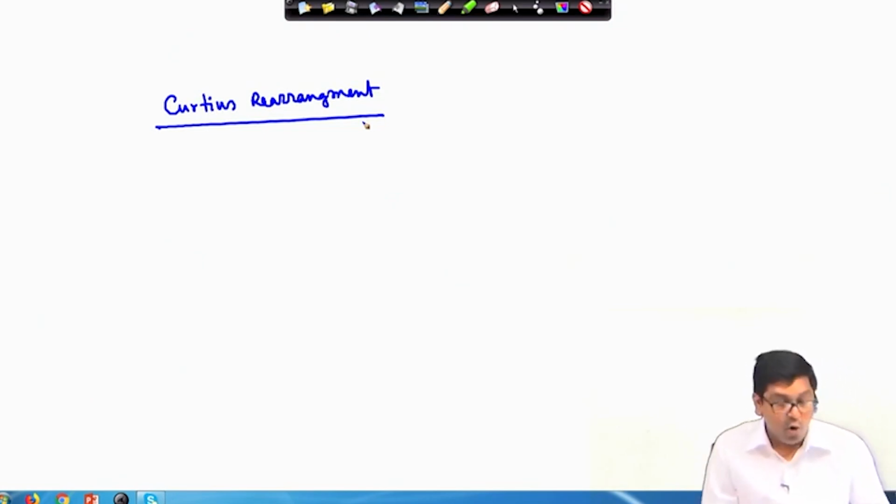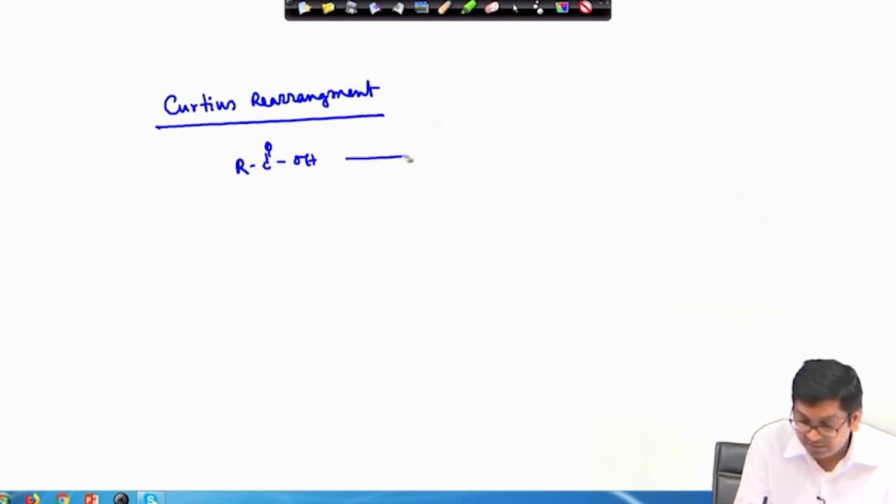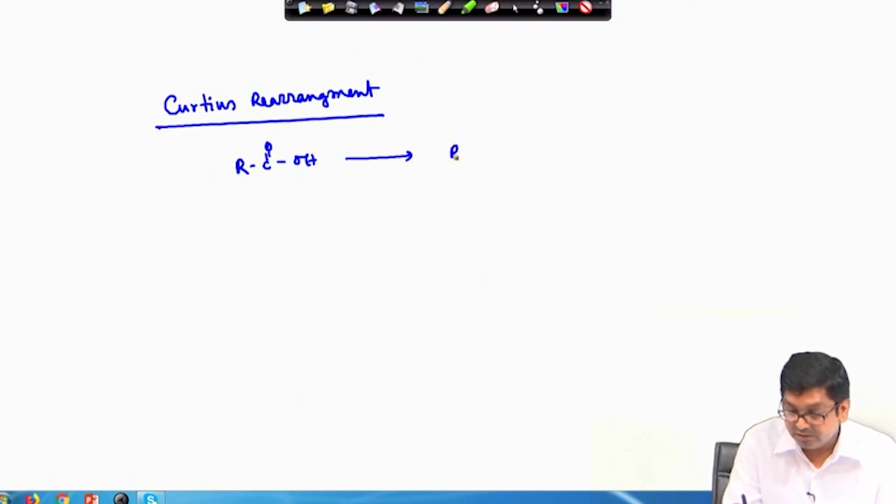For example, all these starting materials will eventually lead to this acyl azide.